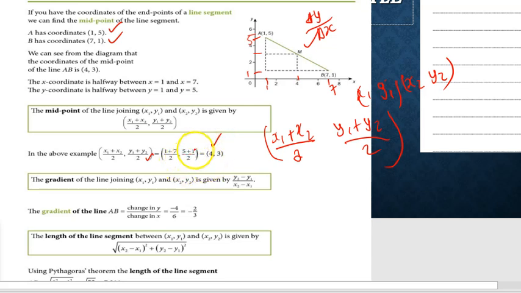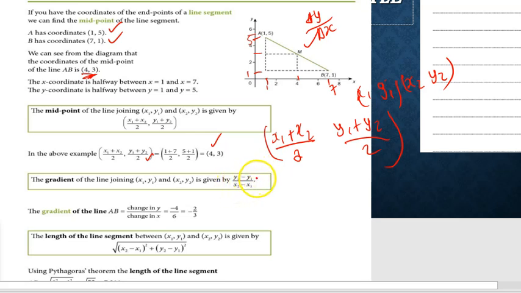And then 5 plus 1 divided by 2 gives you what? 3. So that's how we get 4, 3 as the midpoint.